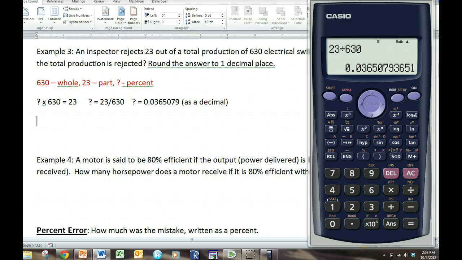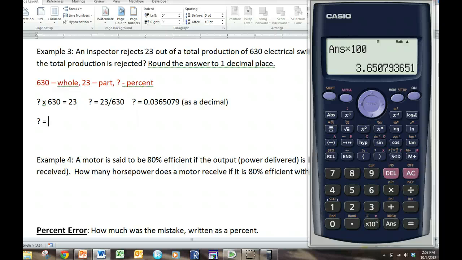So we change it to a percent by moving the decimal point 2 places to the right, which is the same as multiplying by 100. So I multiply by 100, and as a percent, I get 3.65079.